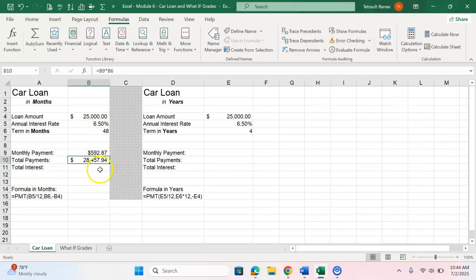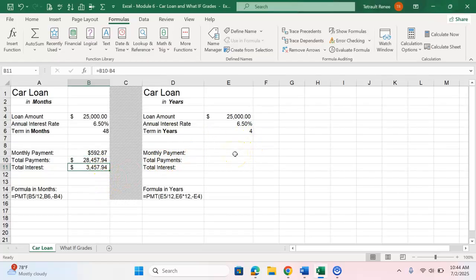The difference is going to be what is paid in interest. So go ahead and click in B11, equals, I'll just press the up arrow, minus the initial loan. So in the end, you'll end up paying for a $25,000 loan, $28,457, and the difference is what you're paying to the bank for borrowing the money.